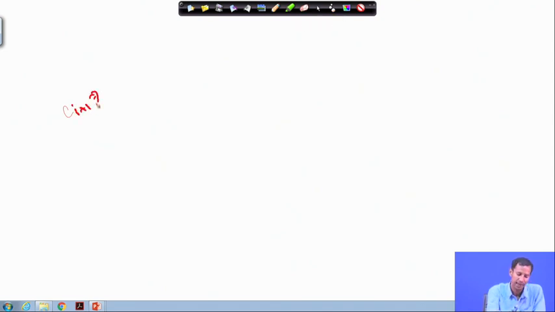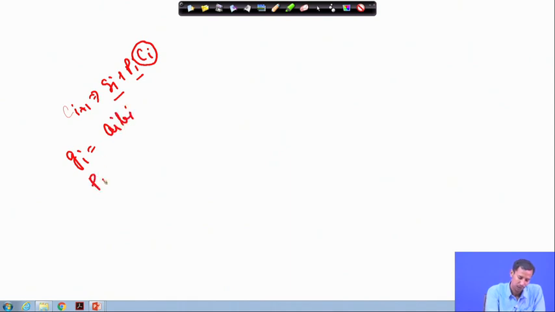The carry signal C(i+1) is basically Gi plus Pi into Ci. Here Ci is the previous carry, and the logic for Gi is Ai Bi, and for Pi the logic is Ai XOR Bi.